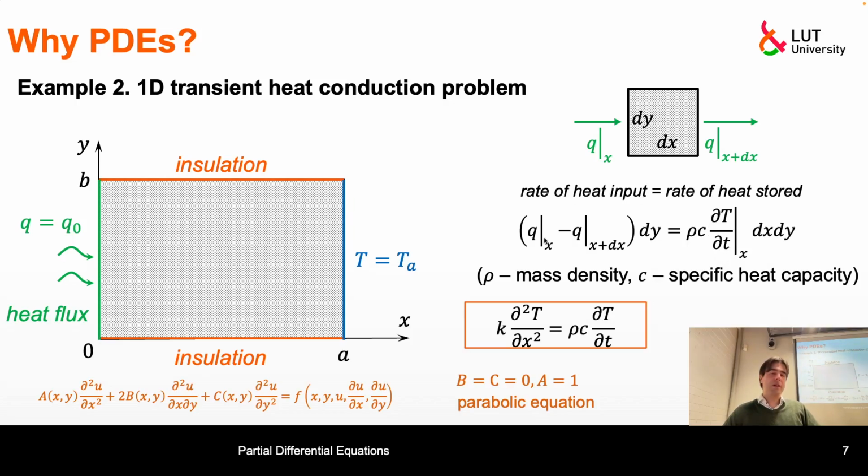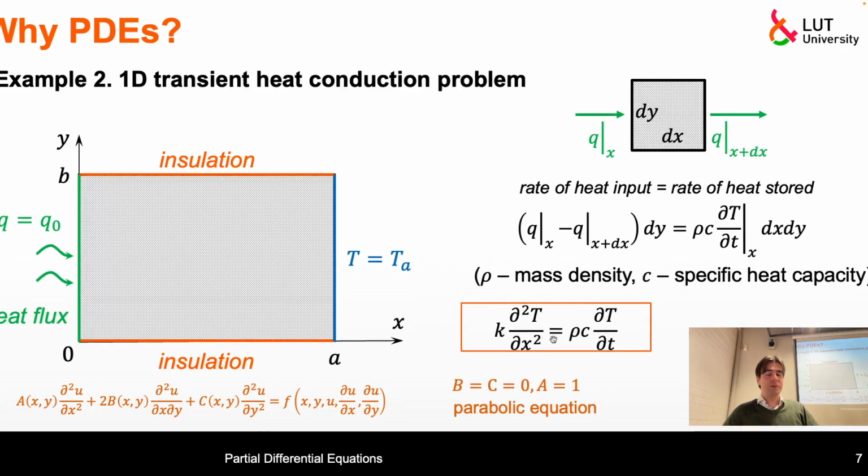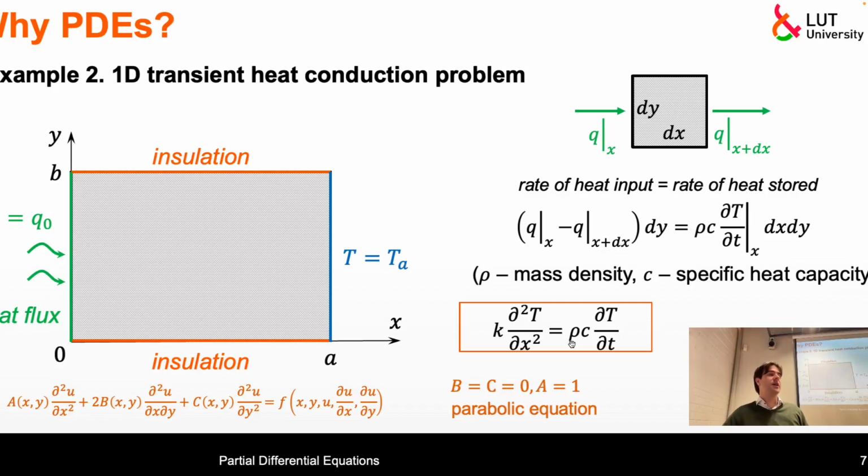And again, applying the same things, partial derivatives and Fourier's law for isotropic heat conduction, we end up with this type of equation. So there is one spatial variable x, but there is another variable, time, in this case. And this classification doesn't care about what physical meaning each of the variables has. It might be time as well.